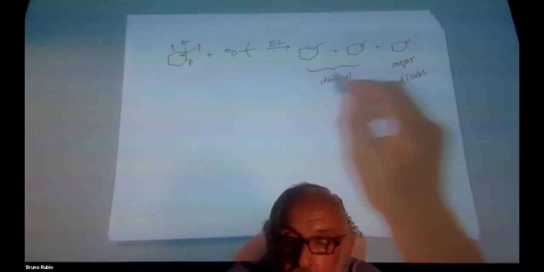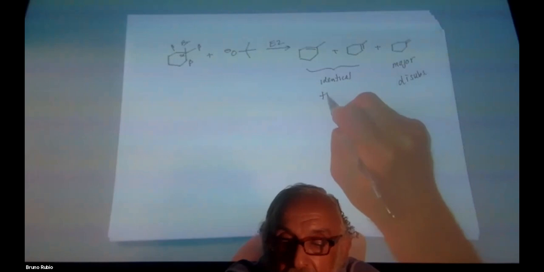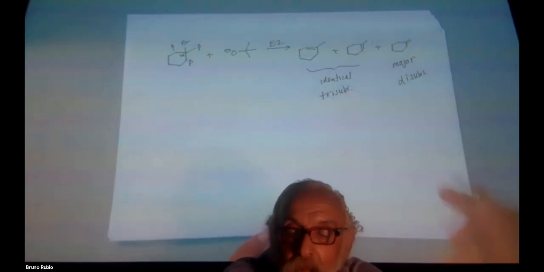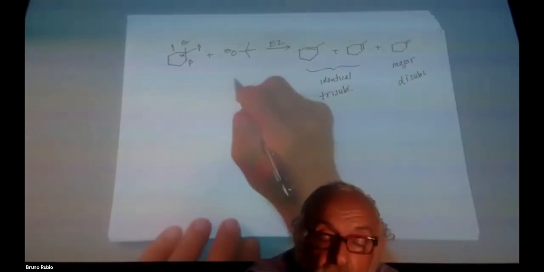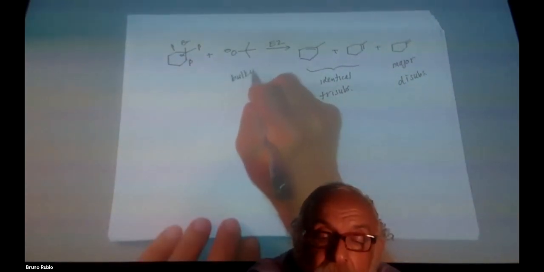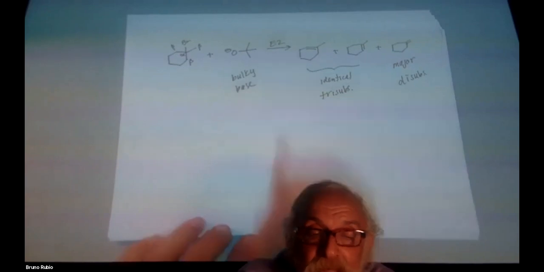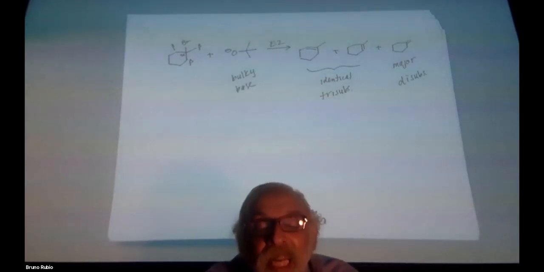This is di-substituted, and this would be the minor product, the tri-substituted alkene. All right, so this is one of the things we have to watch for: when we use a bulky, sterically hindered base, we're going to get the less substituted alkene as the major product. Why?